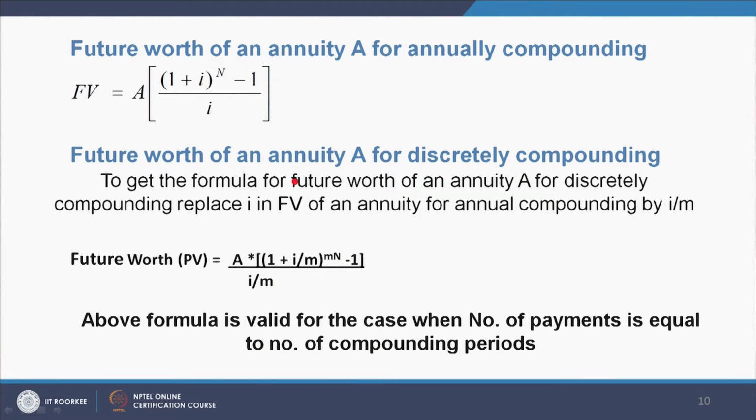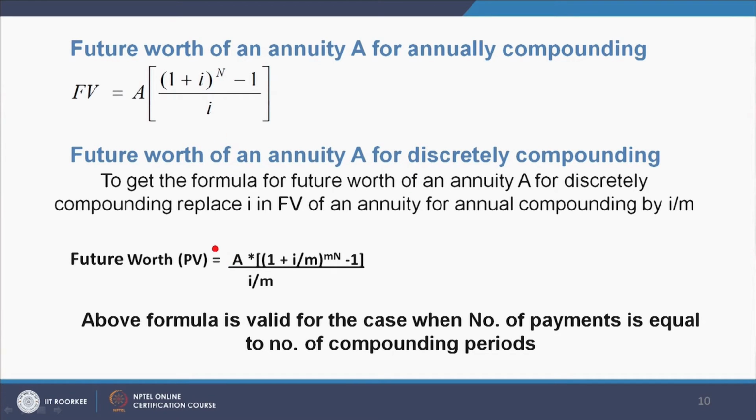The future worth of annuity A for discrete compounding can be calculated based on this. To get the formula for the future worth of an annuity A for discrete compounding, replace i in the annual compounding FV equation by i by m, and replace n by m into n.